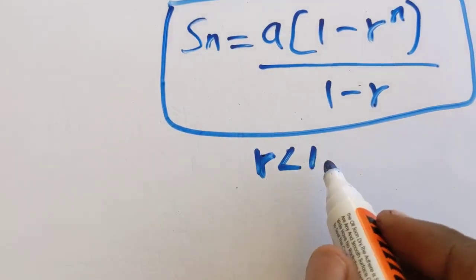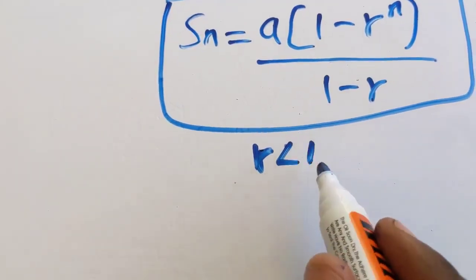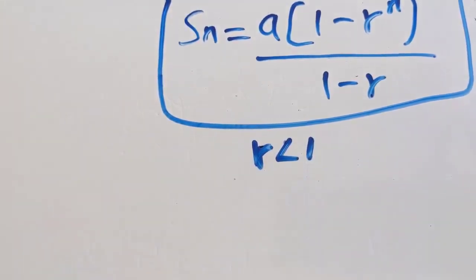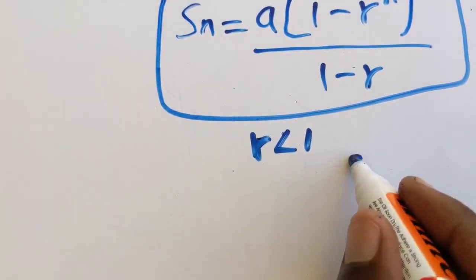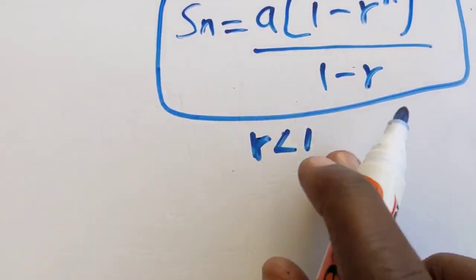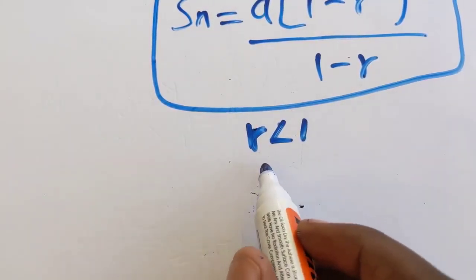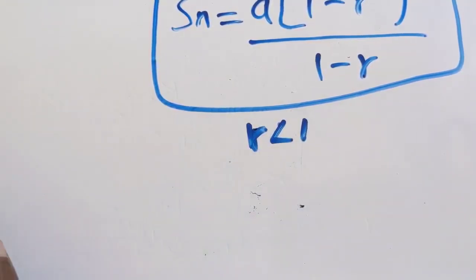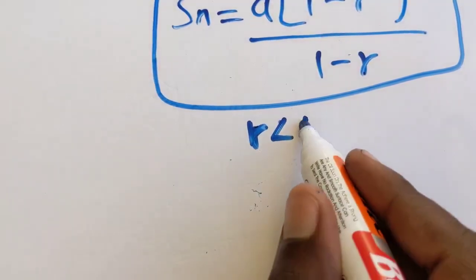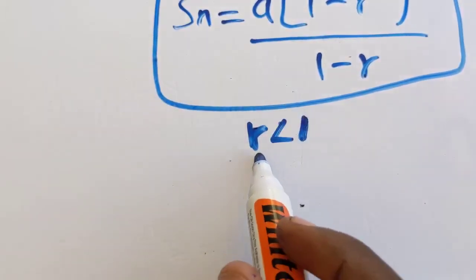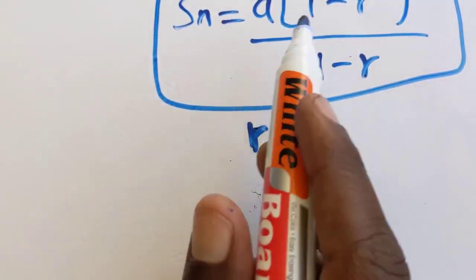It means smaller than 1, like 0 point something, negative something. All the numbers ranging from 0 something, negative something, but not greater than 1. If the common ratio is less than 1, we use this formula.